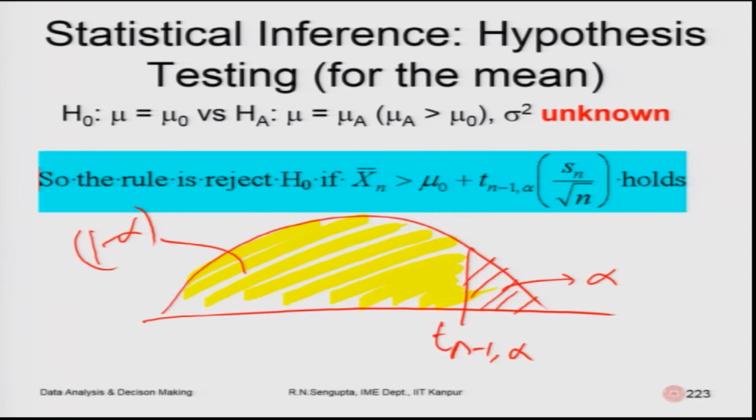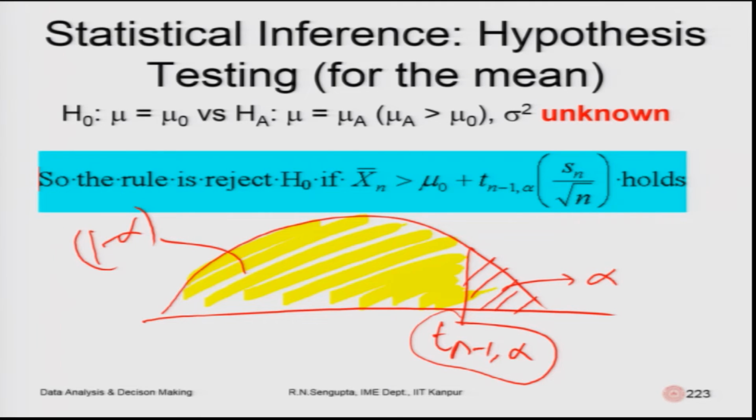The degrees of freedom is basically n minus 1, the level of significance is 1 minus alpha, and here t n minus 1 would basically be the statistic based on which you will do the test. So, this is a greater than type, and this sample mean should be on the right hand side, that is mu naught under H naught plus the value, as you are moving to the right hand side depending on the level of significance, that value is t n minus 1 alpha into S n by square root of n.